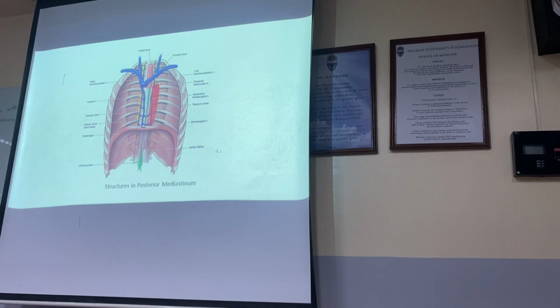What forms most of the base of the heart? The base of the heart is formed mostly by what chamber? Left atrium, right? I may commit a mistake, but I know it's the left atrium that is related to the esophagus mostly. So if you have left atrial dilatation, it might compress on the esophagus.